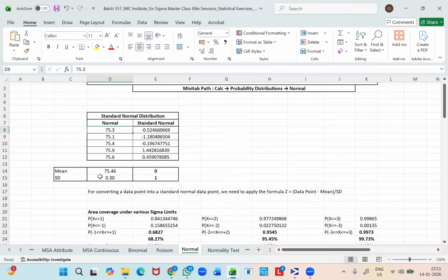But now we have Excel and Minitab. As I told you, they can give probability values for any given combination of mean and standard deviation, so there is no need for us to worry. But this logic can be applied even in today's context. Say, for example, you want to assess the performance of your team.